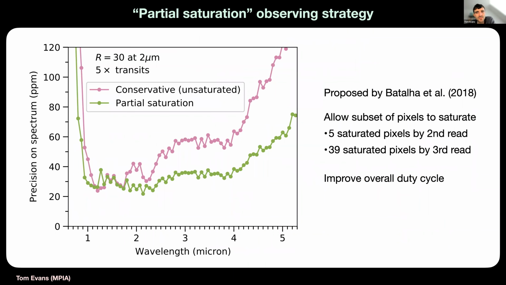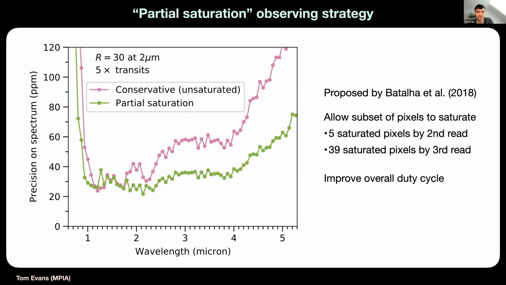To produce mock JWST datasets, I used the PandExo software. An important point was that I implemented a partial saturation observing strategy, which was proposed in 2018 by Battaglia et al. The basic idea of this observing strategy is to allow some of the pixels on the detector to saturate in order to achieve longer exposure times and hence higher observational efficiency.